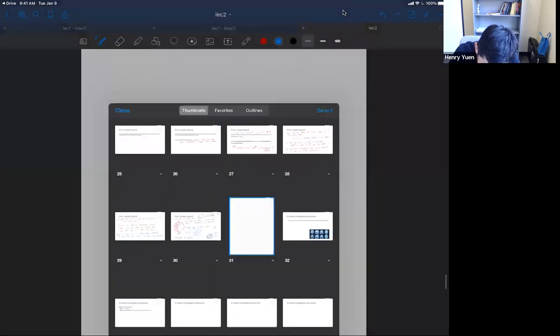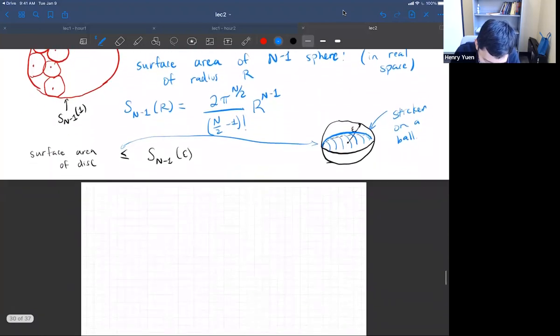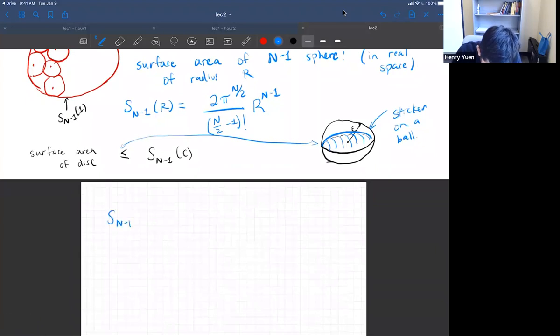So now we just have to do the division. So we have S_n(epsilon) equal to 2 pi^(N/2) over (N/2 - 1)!, times epsilon raised to the N minus 1.